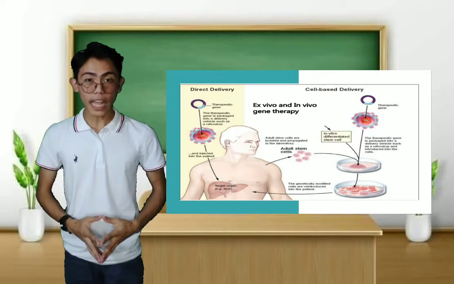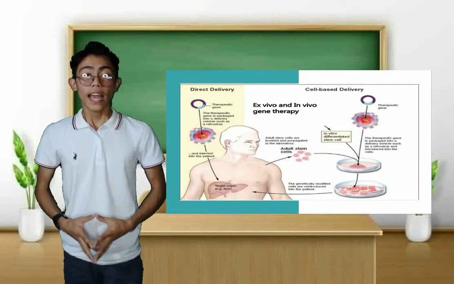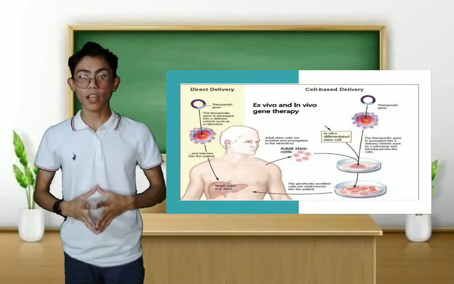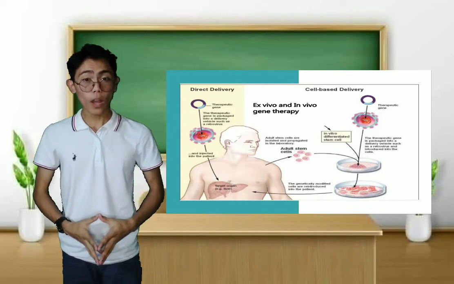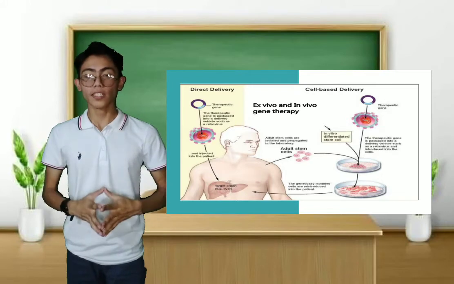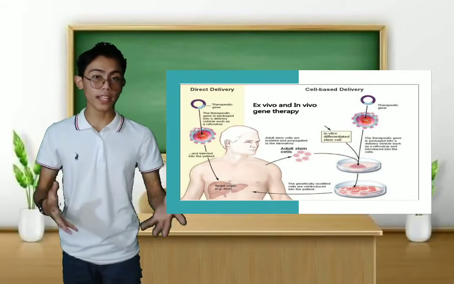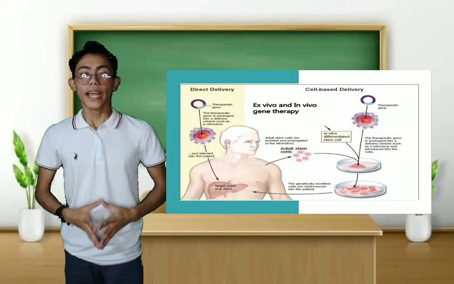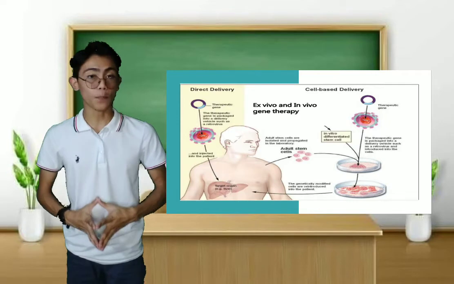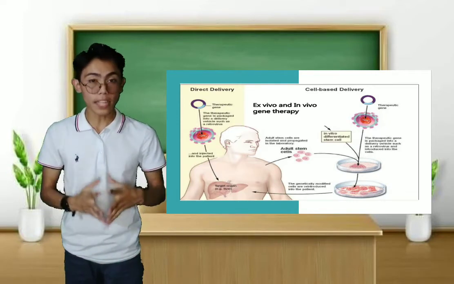And the second type of somatic gene therapy is called ex vivo, or also known as cell-based delivery. Now, how does it work? An adult stem cell is extracted from the human body, isolated and propagated in the laboratory. Now, once it is isolated and propagated, it becomes in vitro differentiated stem cells.